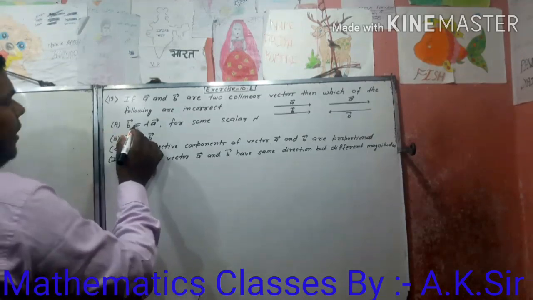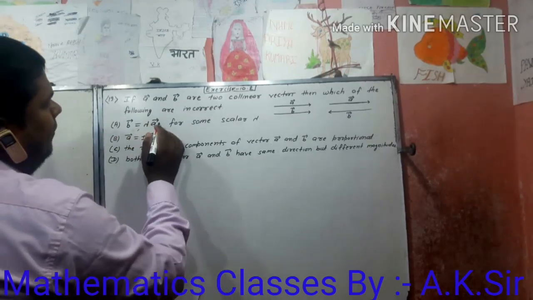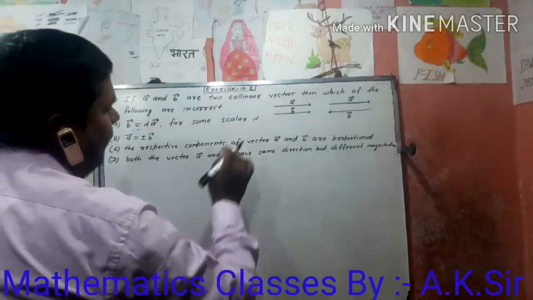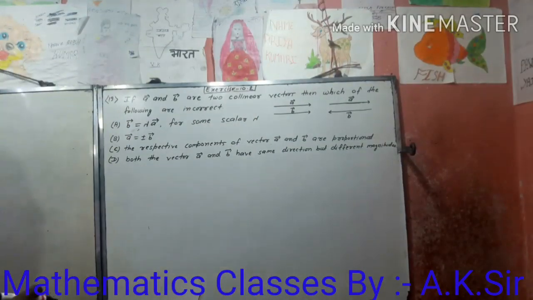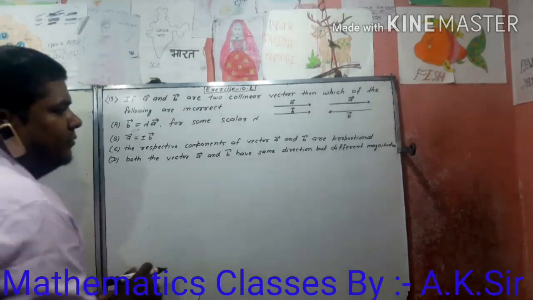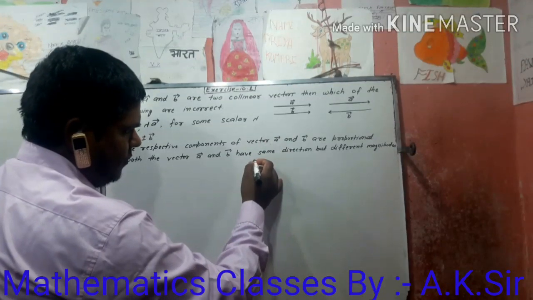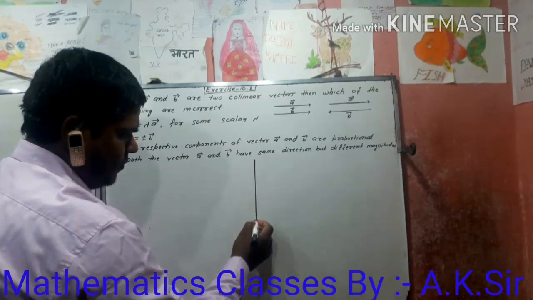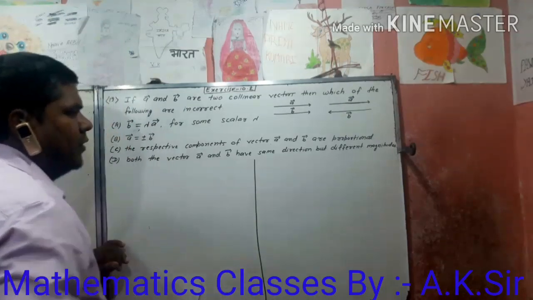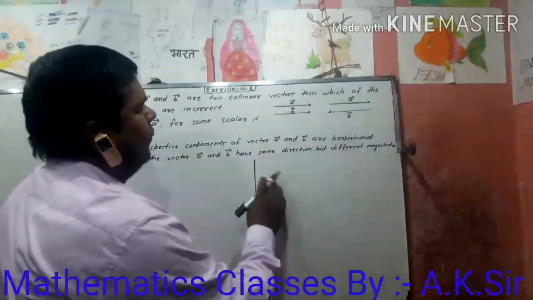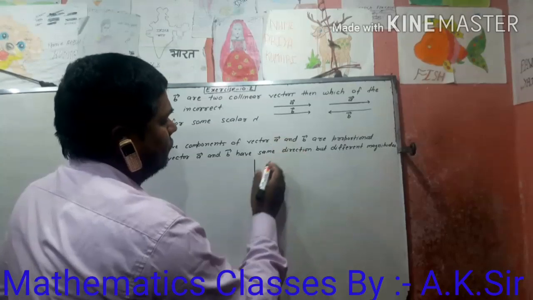Option A: B vector is equal to lambda A vector for some scalar lambda. We see some examples.